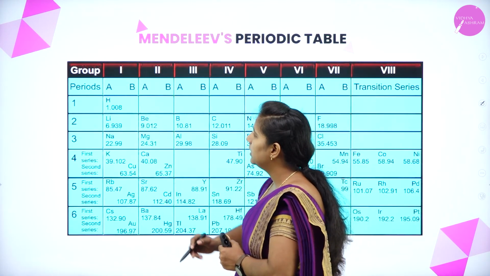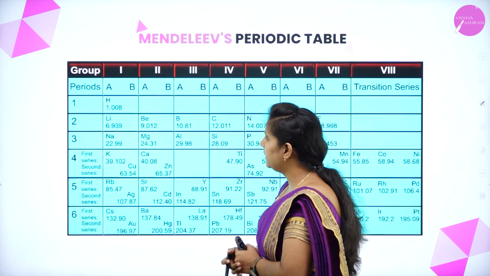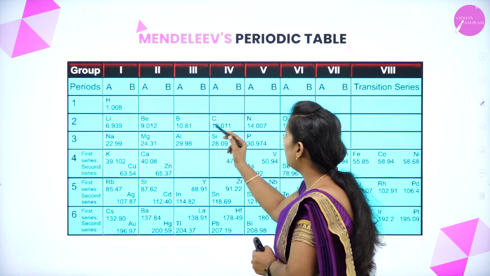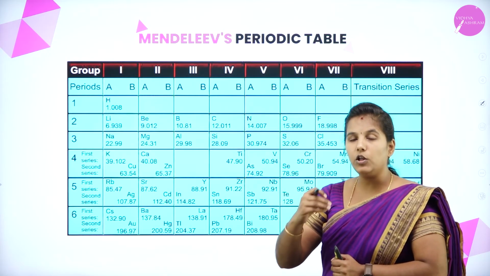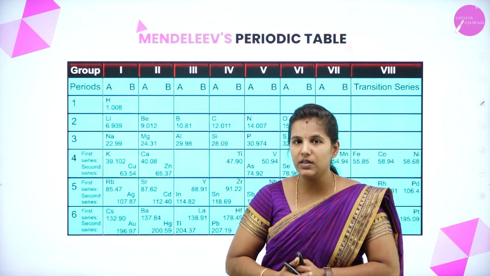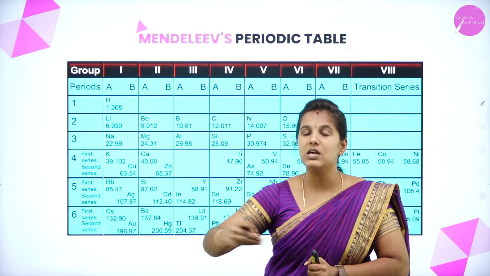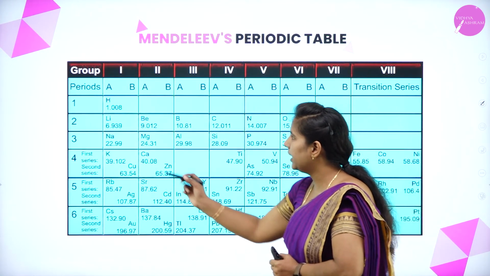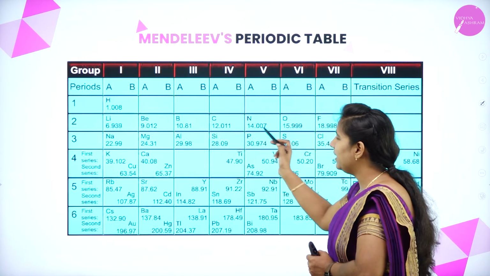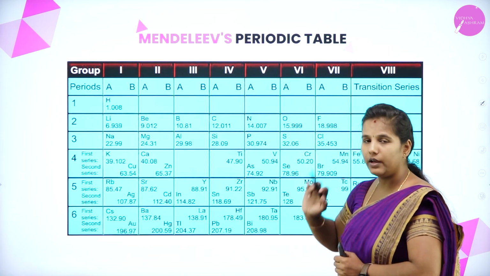In the next period, he placed lithium, beryllium, boron, carbon, nitrogen, oxygen and fluorine. Based upon the atomic weights, he arranged the elements in increasing order of their atomic weights. You can see that the atomic weights start increasing from left to right.